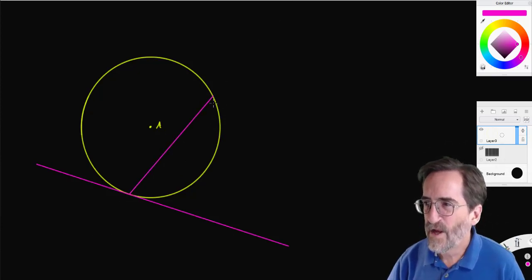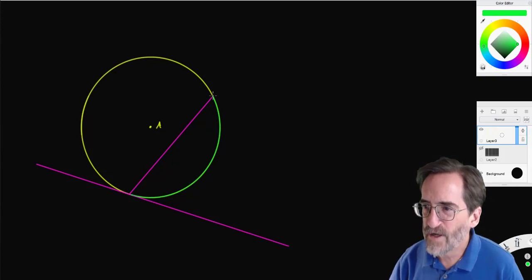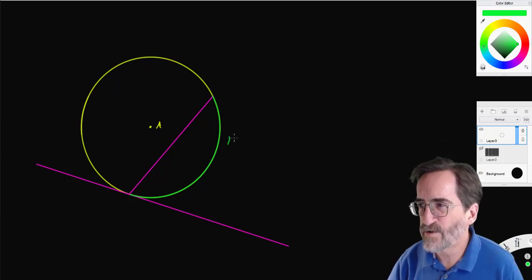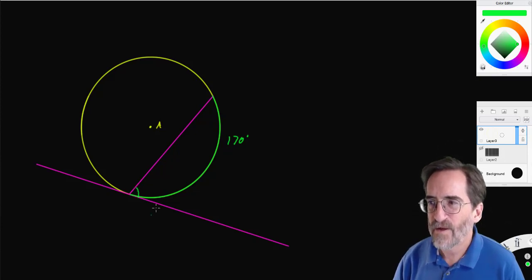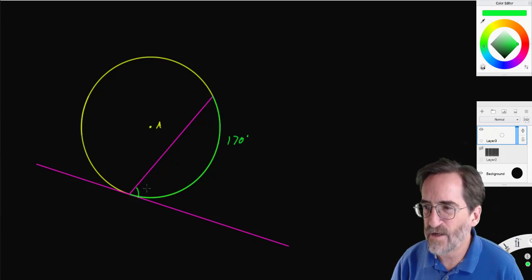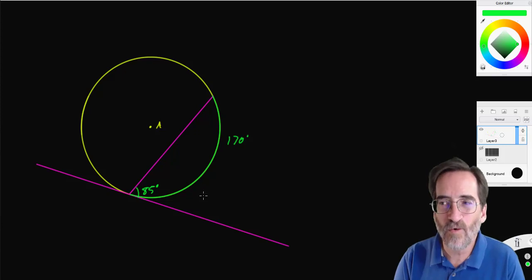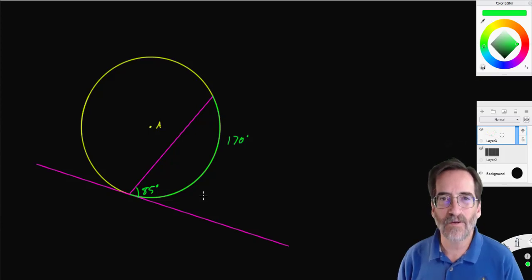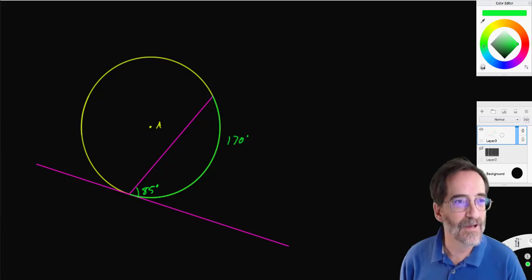If this intercepted arc right here measures, say, 170 degrees, then this angle measures half of that. Half of 170 is 85 degrees. So that's what we learned. A tangent and a chord form an angle that is half the intercepted arc, and an inscribed angle is half the intercepted arc if they intercept the same arc. Hopefully that helps.